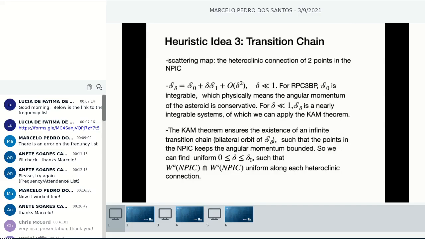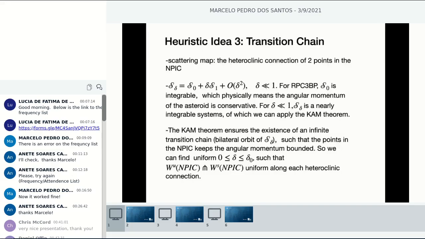This is a totally integrable twist map. The physical meaning of this S0 is that the angular momentum of the asteroid for the RPC three-body problem is conserved. So basically, for this case, we couldn't get any diffusion orbits.